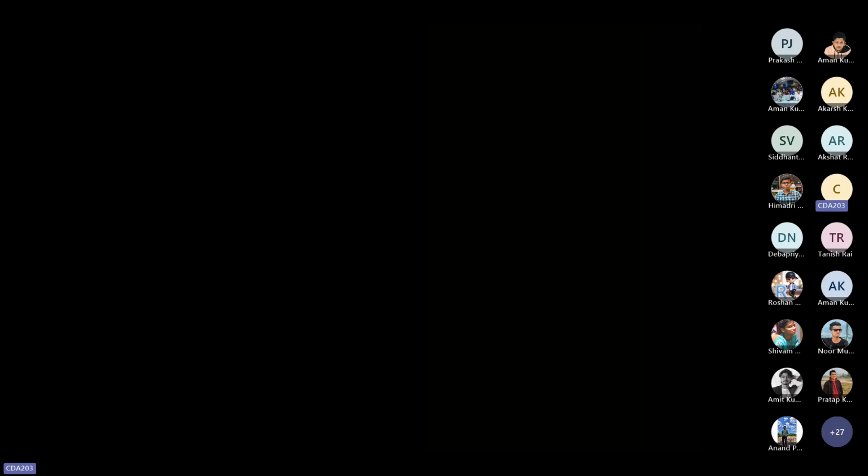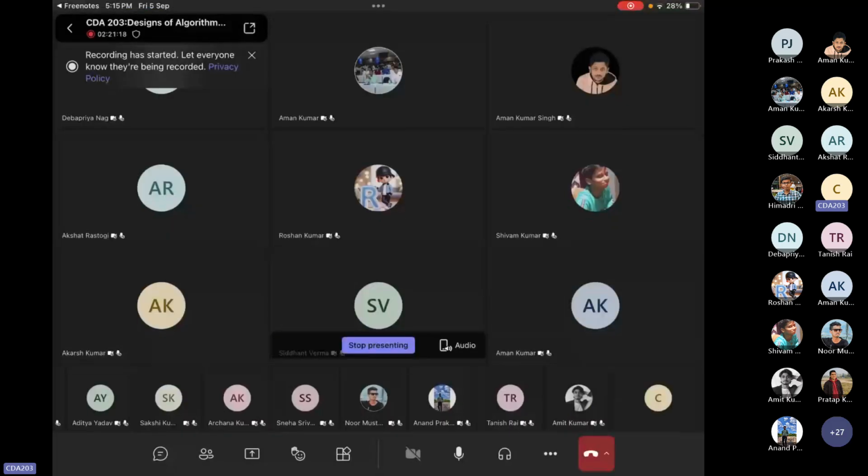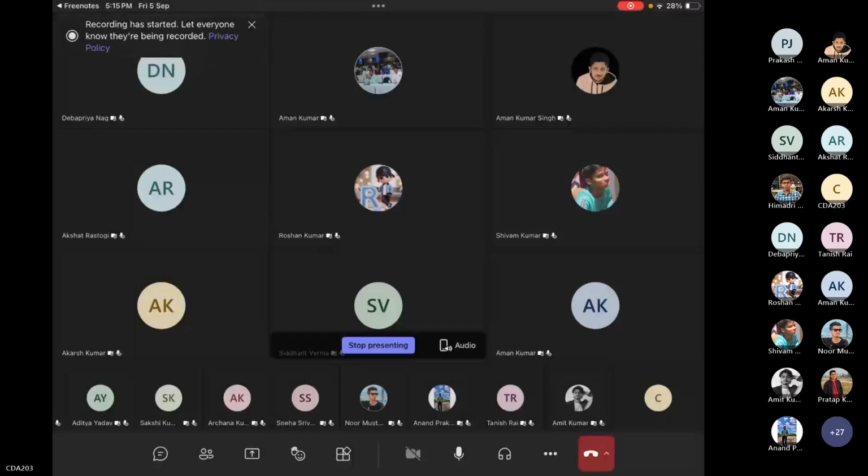So can you just modify the binary search code that I have written in the class to find the square root of n? You just have to change the input. Okay, and you can write the code.